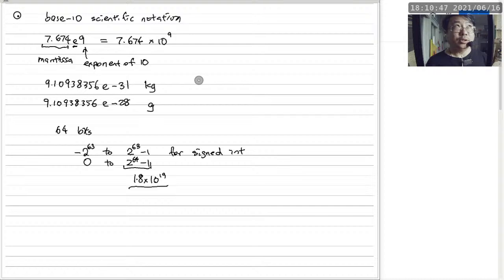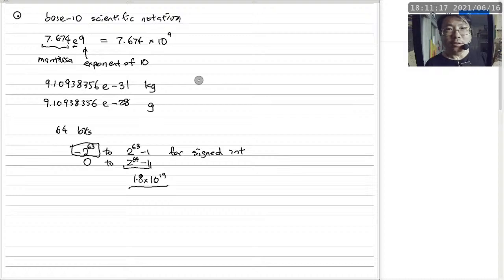Even compared to the national debt of the United States, this value is still pretty big. Can it represent the national deficit of the United States? The answer is, yeah, we can do that easily. But can we represent the mass of a neutron star in kilograms, or even in tons?